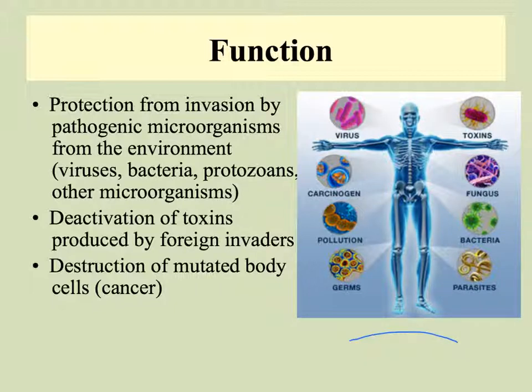The immune system protects us from the infection caused by these pathogens moving in to live in you. The immune system can also deactivate the toxins that are produced by the bacteria, and when it comes to your own body producing mutated cells that could potentially become cancerous, in many cases your immune system can destroy them before they get established.